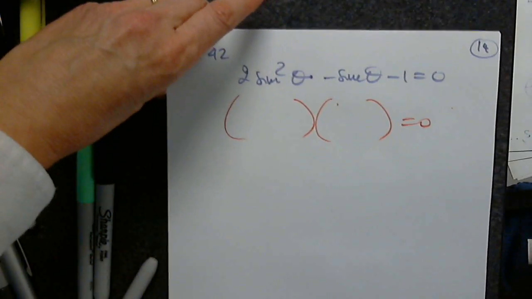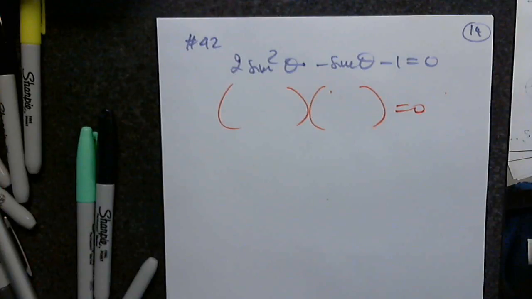Good. So is there a way of factoring? If you say, no, I don't remember, or it takes too long, then I'll have to change sine theta into t and use the quadratic formula. Can we factor this?